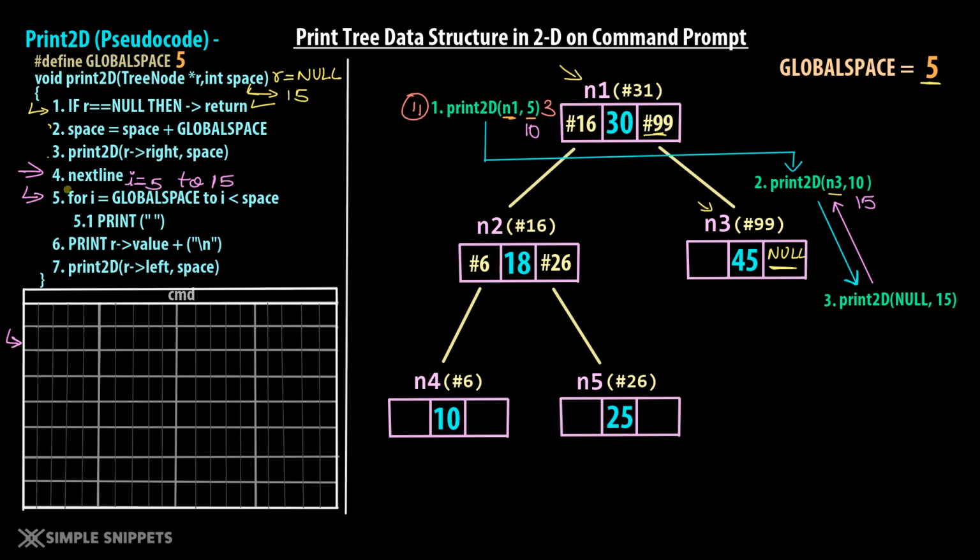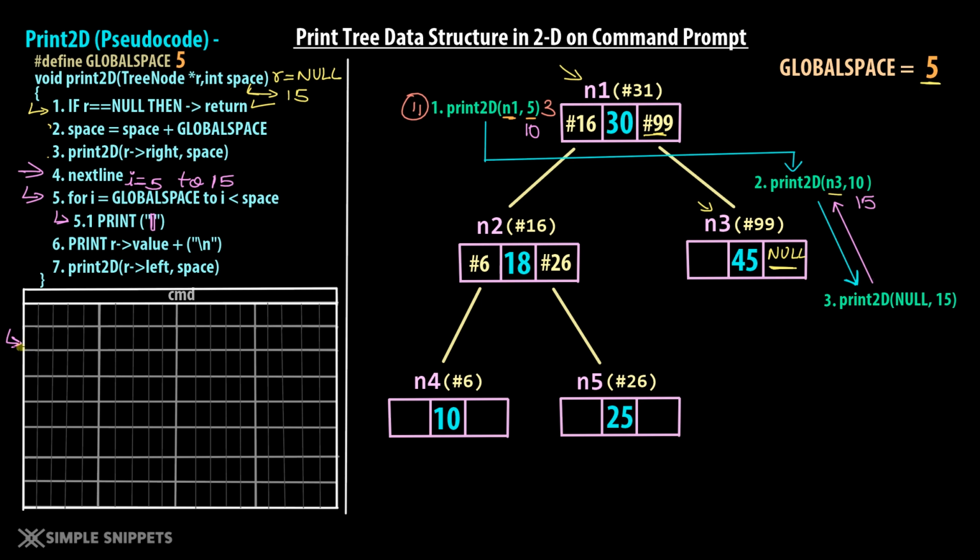Correct? So this for loop is going to run from 5 to 15, which means it will run for 10 times. And inside this for loop, in step number 5.1, we are simply printing a blank space. Again, this for loop is just used to create the user interface to add the spacings. And when this for loop runs 10 times from 5 to 15, we will add 10 blank spaces.